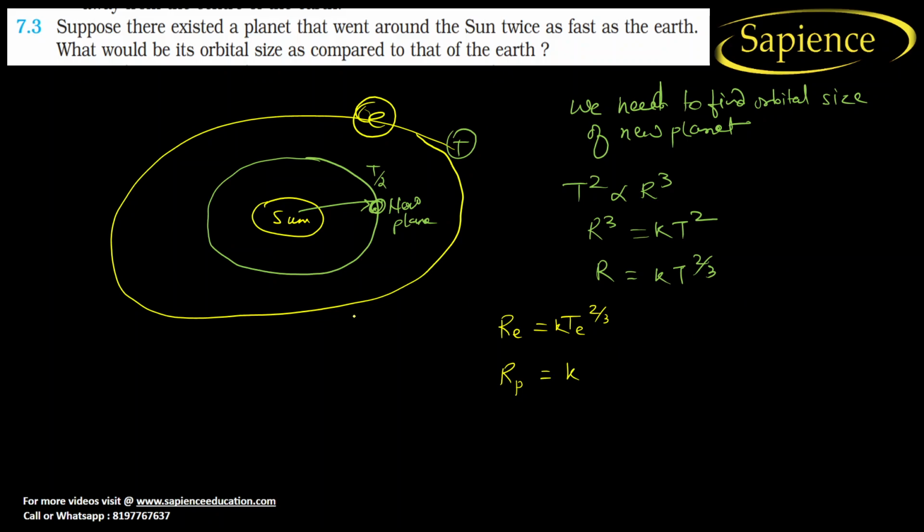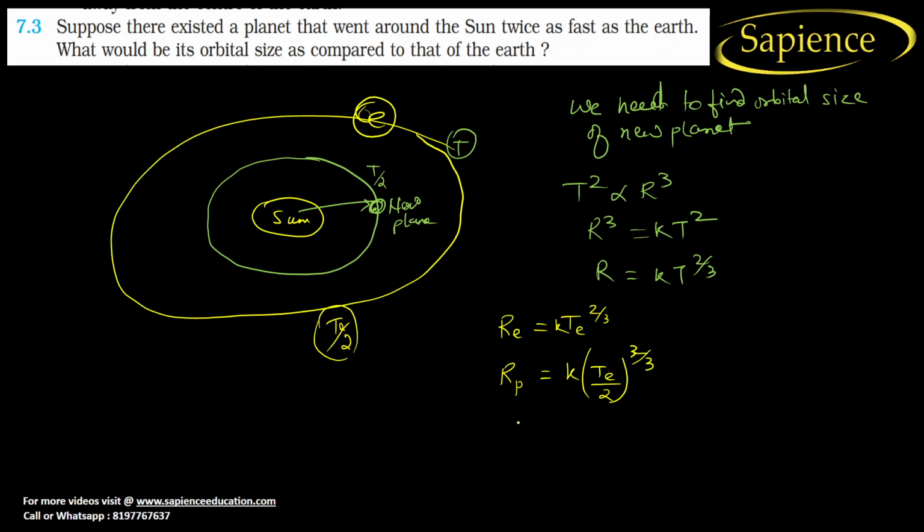The time period of the new planet is T by 2, because it is twice as fast as the earth. So we write T by 2 to the power 2 by 3.